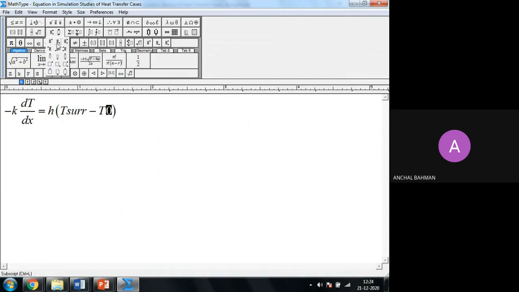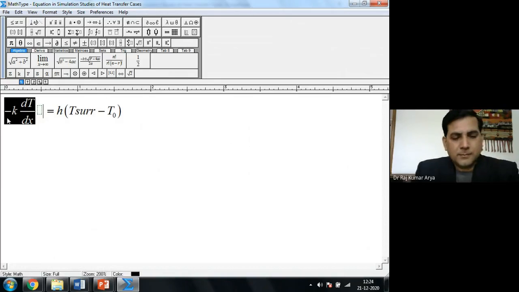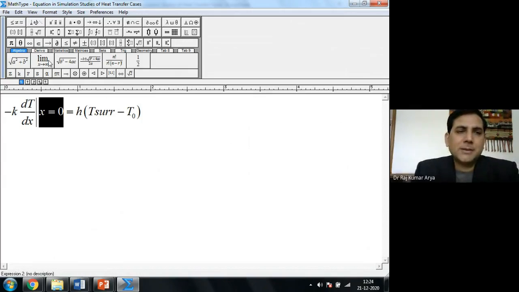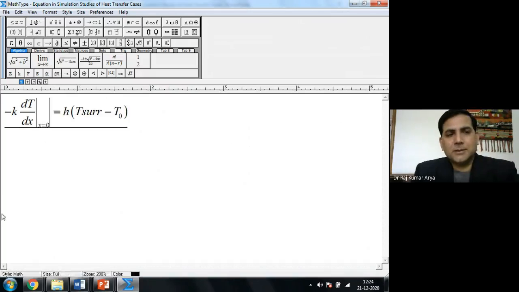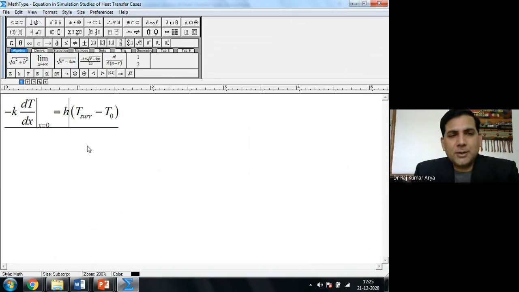This is your left boundary condition, right? So if you want to calculate this, your x equal to 0, this would be your flux boundary condition on the left side.